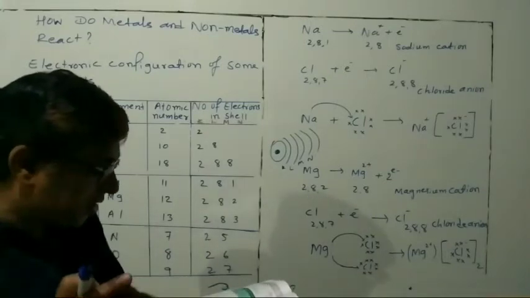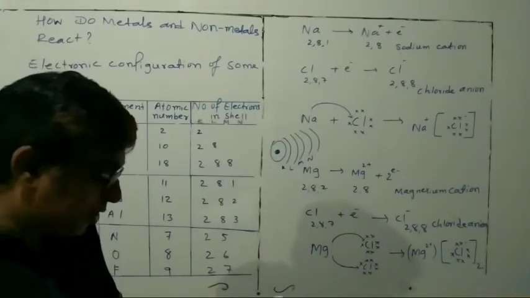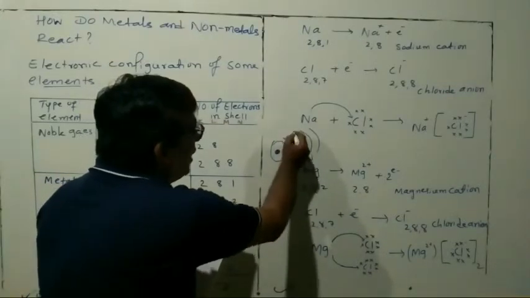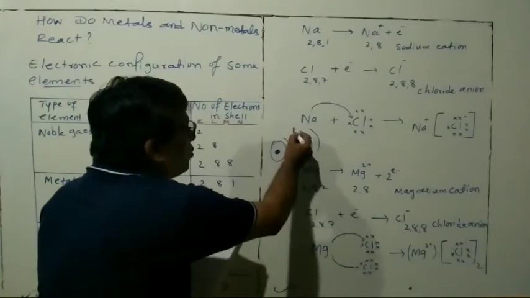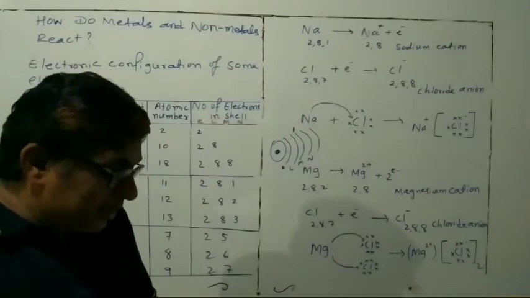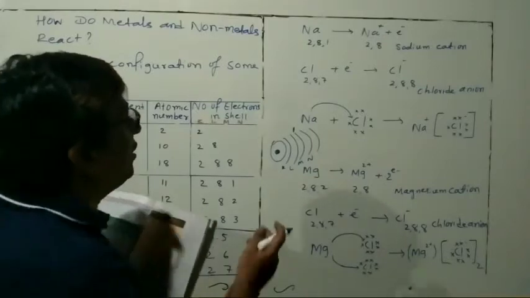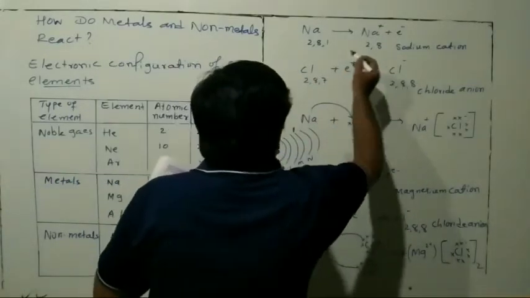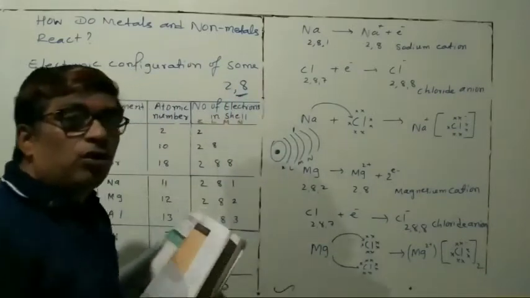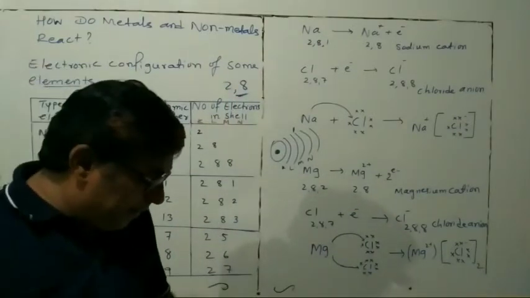If it loses the electron from its M shell, it will attain a stable octet, meaning it will become 2, 8, a stable octet.